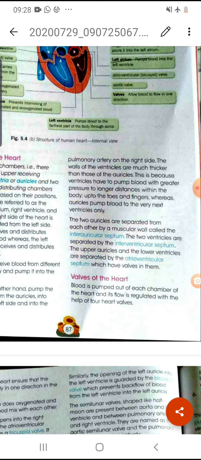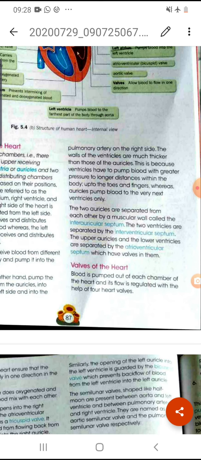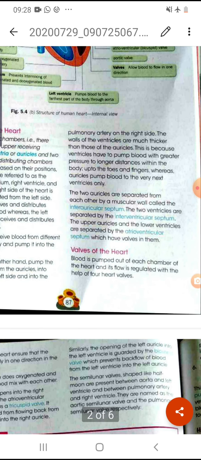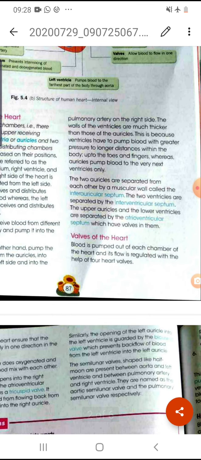Because ventricles have to pump the blood with greater pressure to long distances within the body, up to the fingers of our hands and the toes of our feet. Okay, so the blood will travel a long distance, and the auricle pumps blood only into the very next chamber, the ventricle.